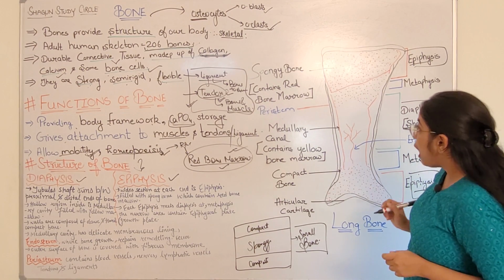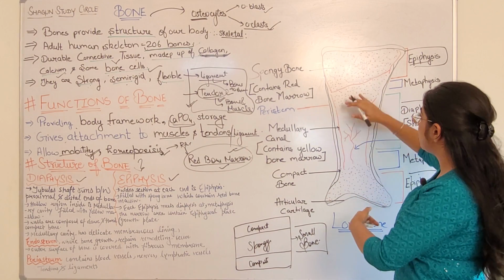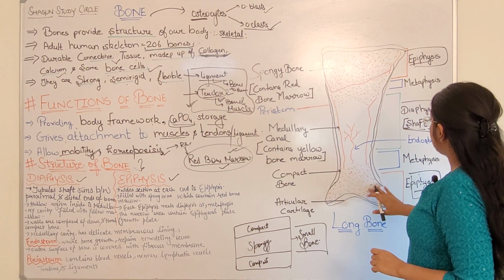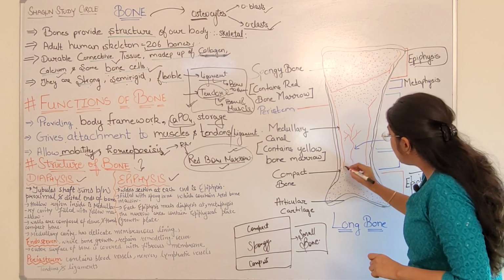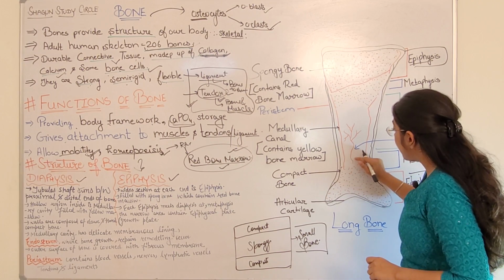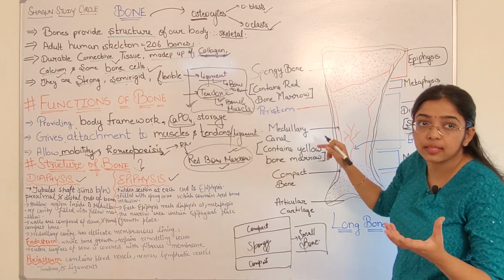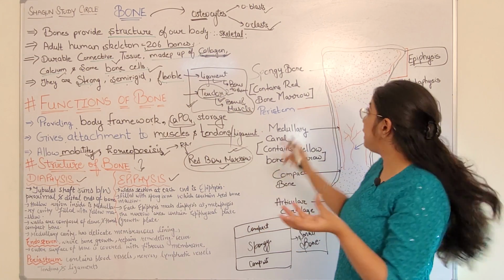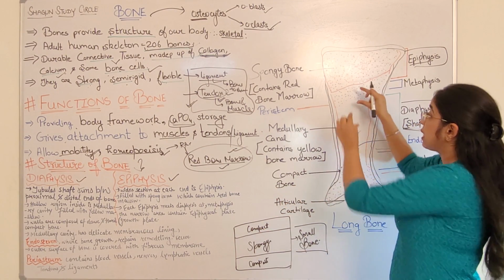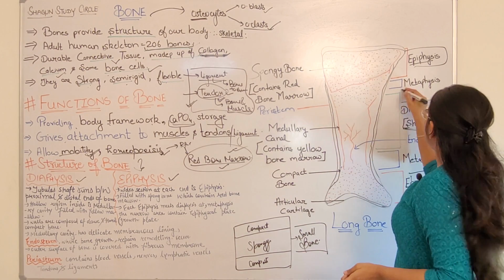Okay, let's quickly do this part. First is epiphysis, then this one is diaphysis. You can see here, epiphysis is connected to diaphysis. Here also epiphysis is connected to diaphysis. There will be a point of connection for both of them, be it epiphysis or diaphysis. That connection is called metaphysis.